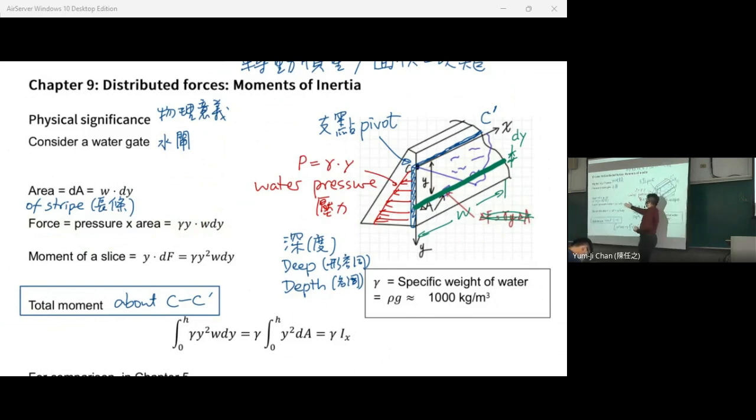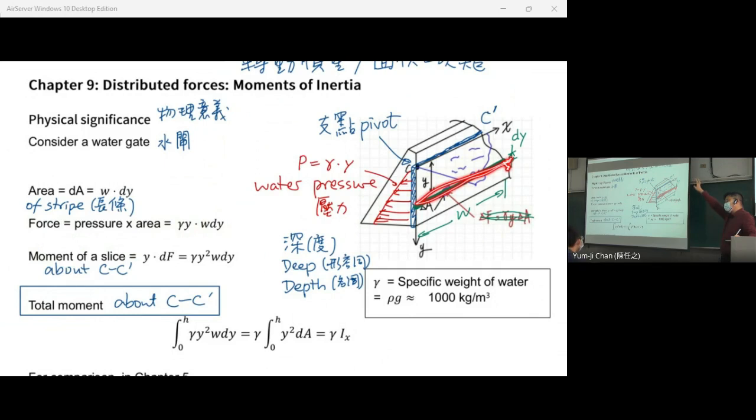Now, afterwards, we get the force, and then we can get the moment of this line about C and C prime. How do we get the moment from the force? Moment M is equal to R cross F. What is R?